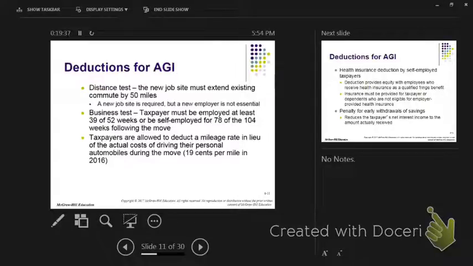Before moving to Kansas City, Courtney lived in Cincinnati, where she commuted 10 miles to her workplace. The distance from her home to her place of work in Kansas City, her new place, is 580 miles away. Can she deduct moving expenses? Well, obviously that one's pretty cut and dry. She just moved 580 miles away.